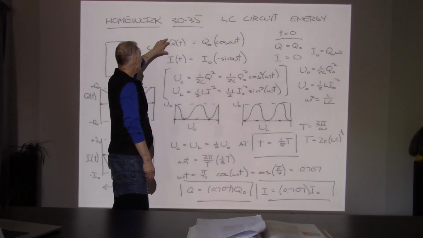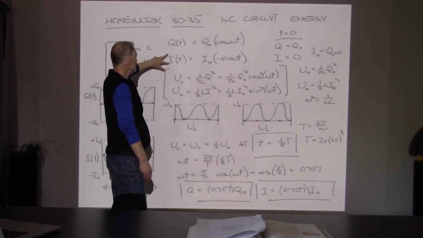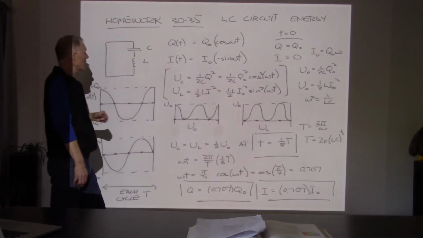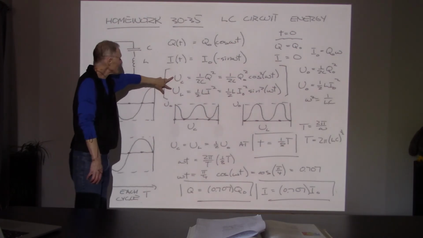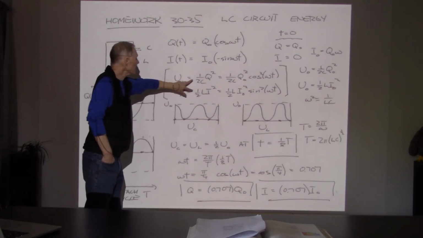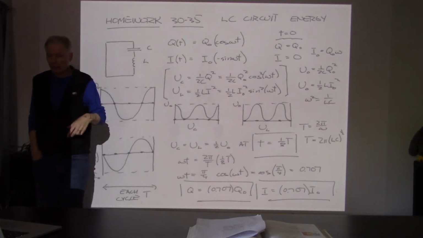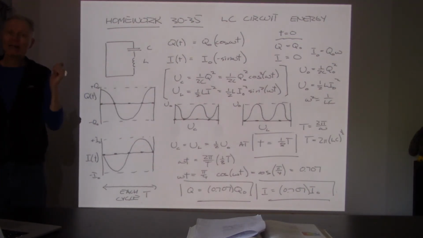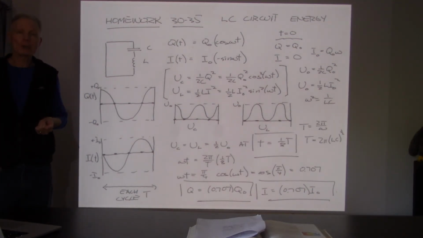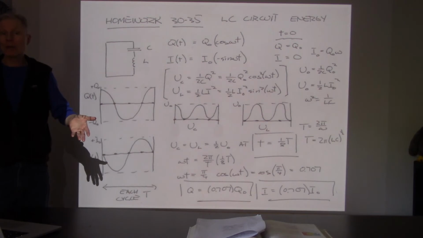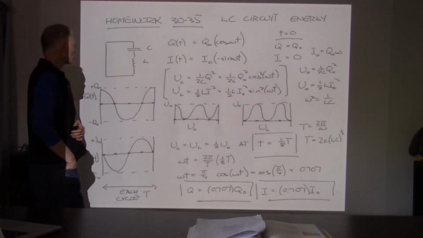If we do that, then we can get formulas for the charge Q and the current as a function of time. We can write down energy formulas, which we developed in chapter 24 with capacitors and in chapter 29 with inductors.